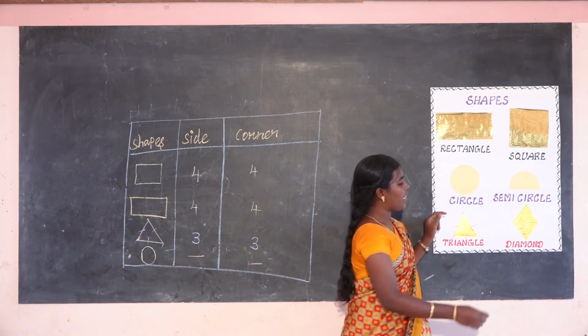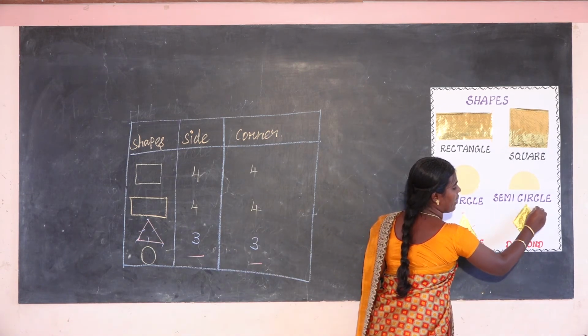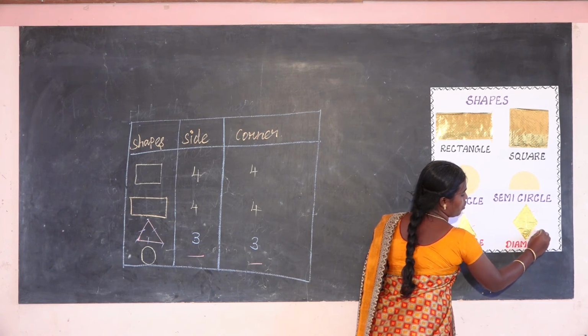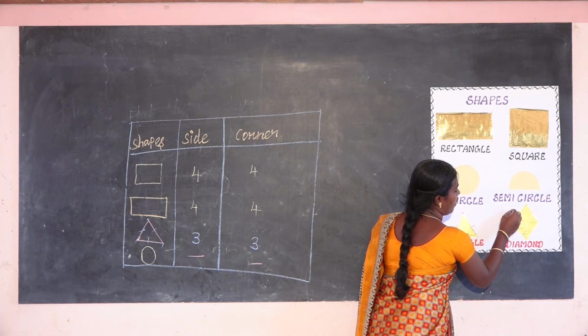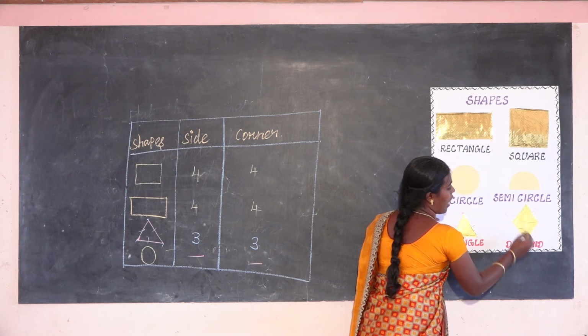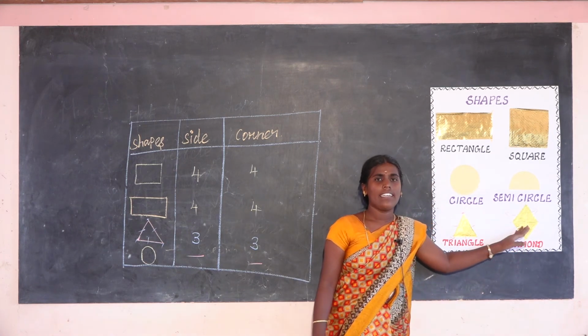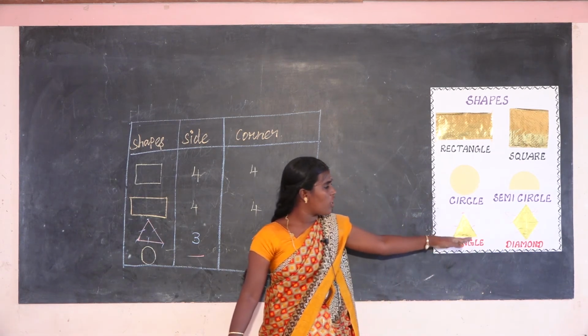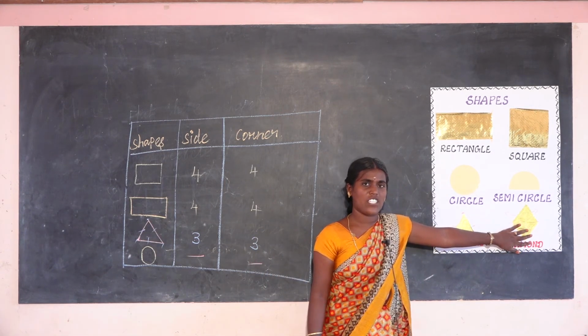How many sides are there? 1, 2, 3, then 4. 4 sides. 4 corners are also there in a diamond. So this is also an example of a flat shape.